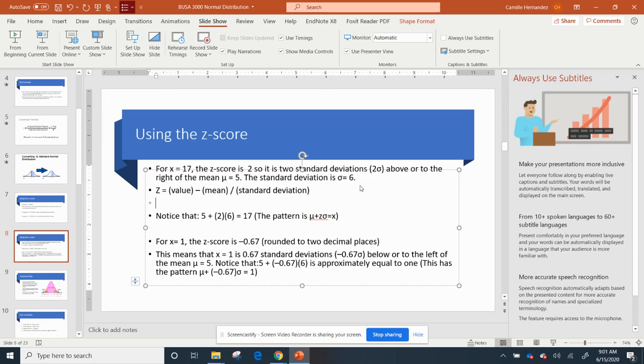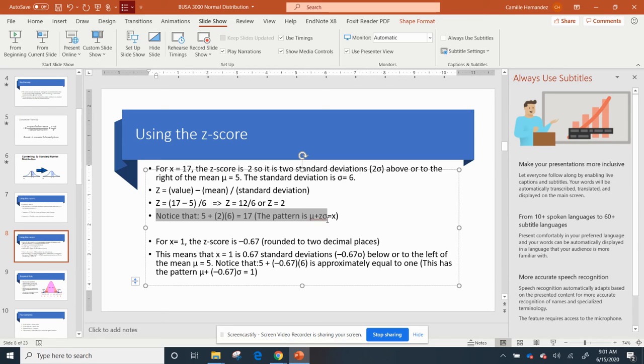Then Z equals the value, which was 17, minus 5, divided by 6. If I keep going with that, I get Z equals 12 divided by 6, or Z equals 2. That's how I got that.